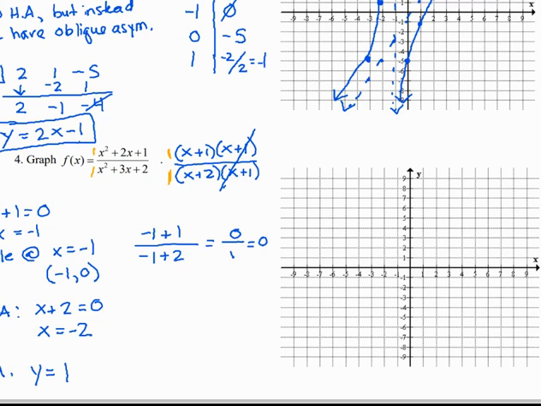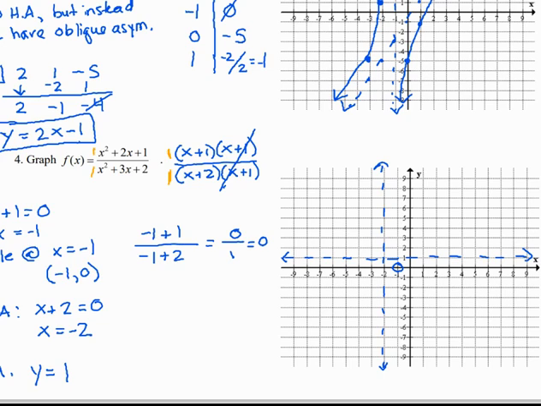So I'm going to plot those key points right now. We'll have our vertical asymptote at negative 2. Our horizontal asymptote is up at positive 1. And then we have a hole at negative 1, 0. So I'm going to literally put an open circle there.